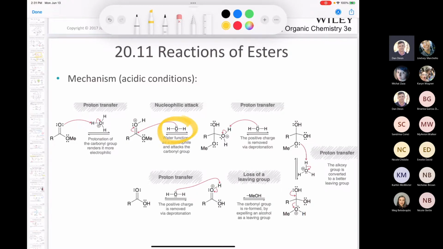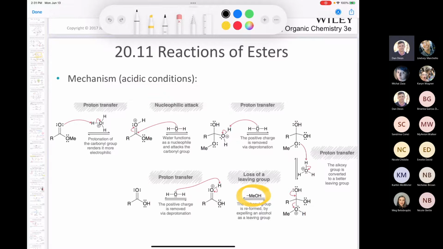It was methanol that was our nucleophile the last time for Fischer, but now we're using a huge amount of water. It's all based on equilibrium. So water comes in, we do a proton transfer, then we protonate the alkoxy group to make this oxonium, which can cause methanol to leave. It's not loss of water now, it's loss of methanol. And then we do a proton transfer in the end to regenerate our carboxylic acid.